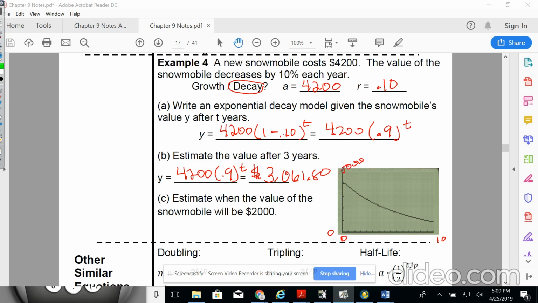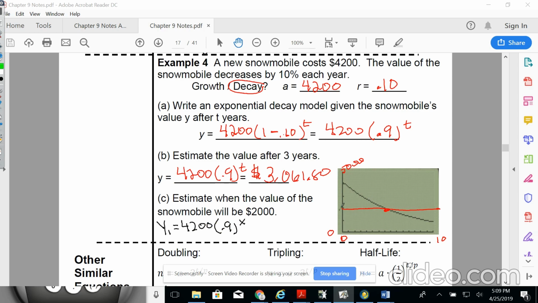So you can kind of interpret that that's 5,000. So they go by thousands here. So if we were to graph the 2,000 mark, right here, horizontal line at 2,000. And then we would just look at our y equals. So in y1, we type in the 4,200 times 0.9 to the x.